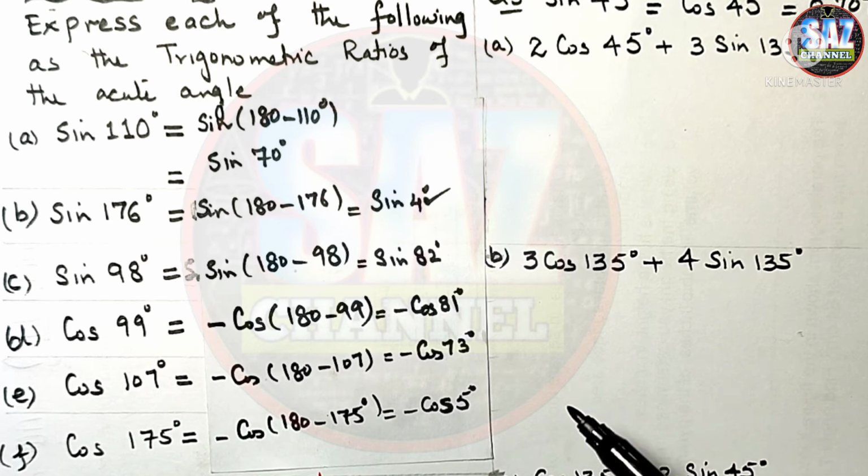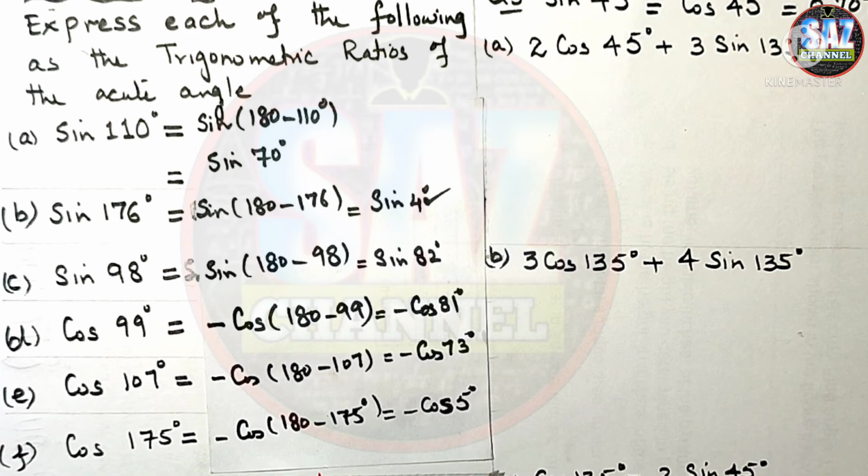So y-axis and hypotenuse both are not negative for sine, whether that is acute or obtuse. But the trigonometric ratio cos, when it goes to the second quadrant, has to share the negative side of the x-axis, which is the base. So that's why cosine of the obtuse angle will be negative.